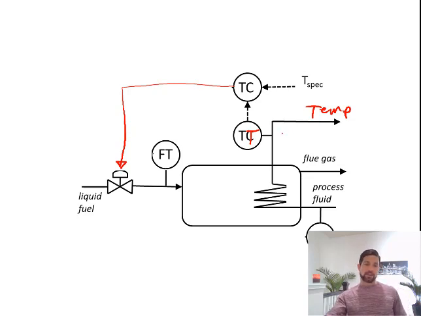Okay, so there could be, again, a variety of types of disturbances that can affect this process. We could have the flow of process fluid, the temperature of the process fluid coming in, maybe the pressure, the flow of the liquid fuel, possibly the composition of the fuel, etc. Okay, so what I want you to do is draw a feed-forward control strategy to account for changes in the process fluid feed flow rate.